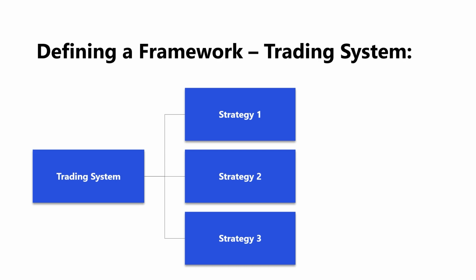So what is a trading system ideally made up of? Well, it's basically just a collection of strategies, right? We can define each of these strategies and have them be part of our trading system, so they can be doing trades and checking for signals and stuff like that. So at the highest level, a trading system is basically just made up of a collection of trading strategies.